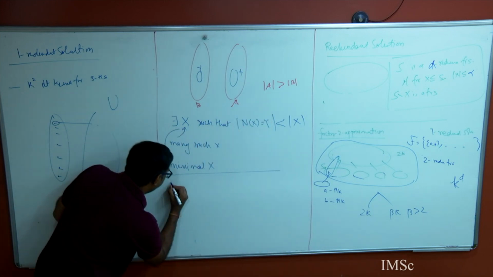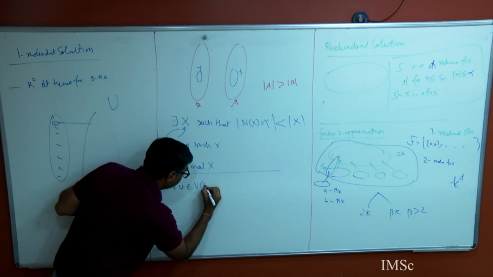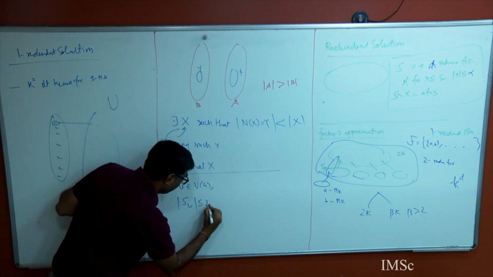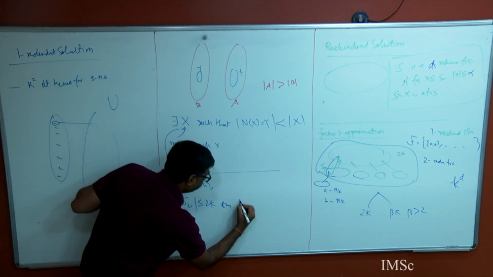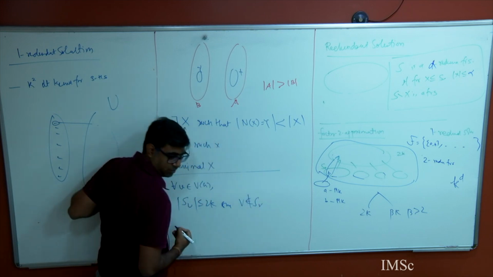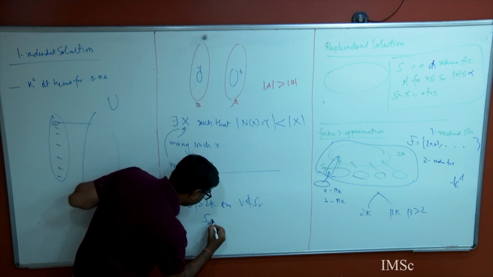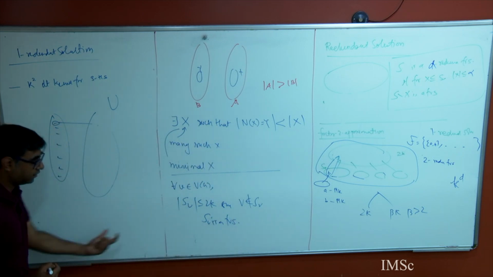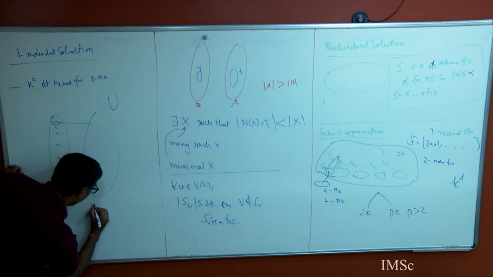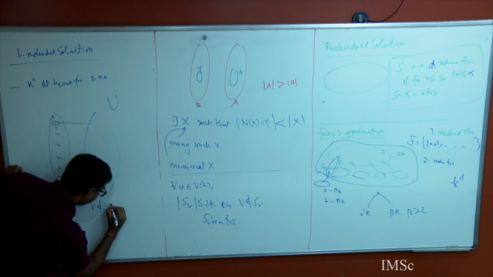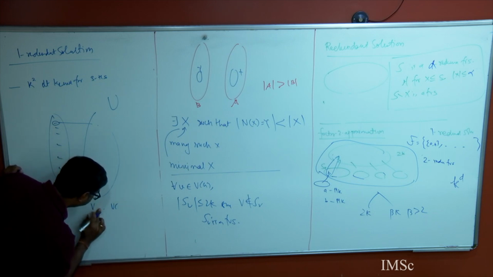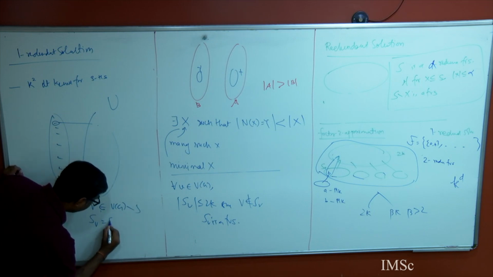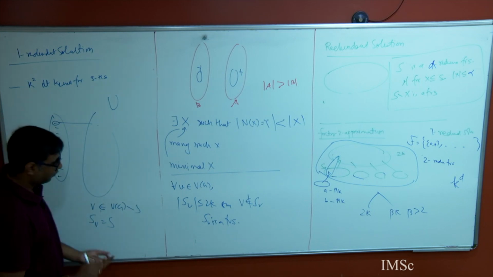So there we needed, for every v in V(G), a set S_v of size at most 2k, such that v is not part of S_v and S_v is an FVS. And how did we make this? We said fine, for all v in V(G) minus S, S itself, because what is my goal?